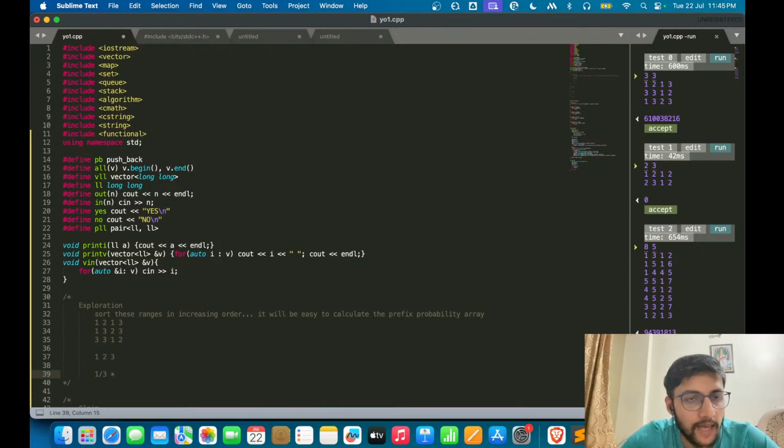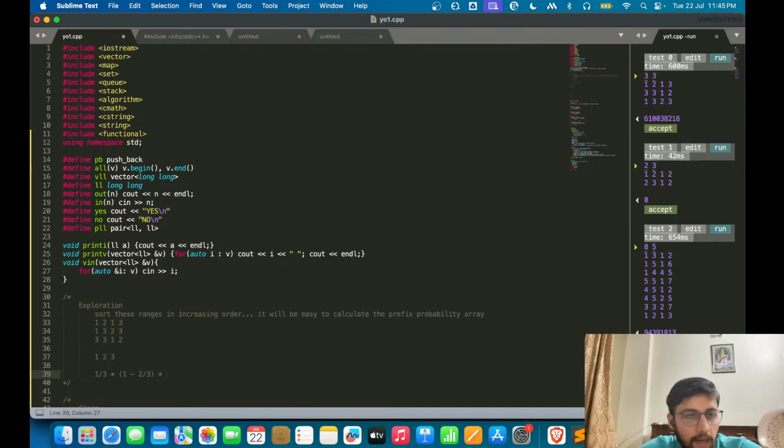But in this I have to exclude the second, because 1 and 2 can only be covered by exactly one segment, so I have to exclude this. And the probability to exclude this is 1 minus 2 by 3, which is 1 by 3 as well.